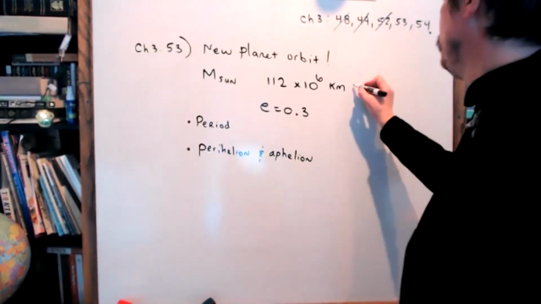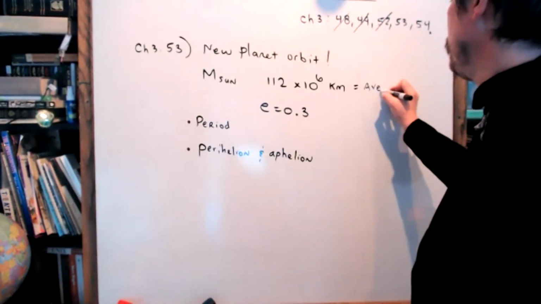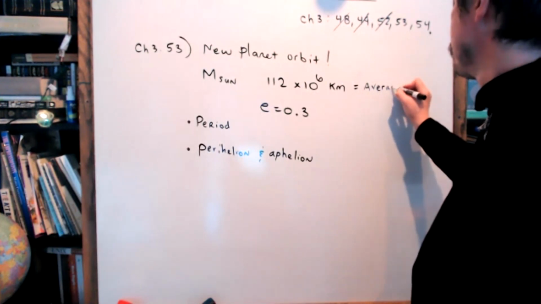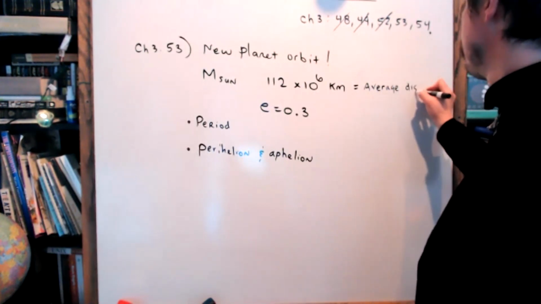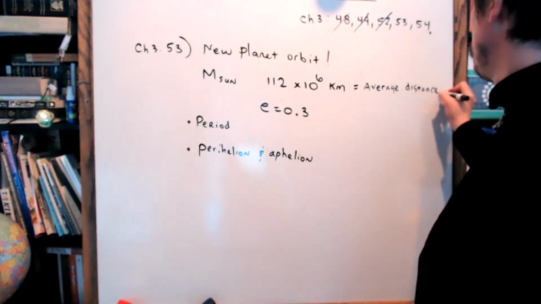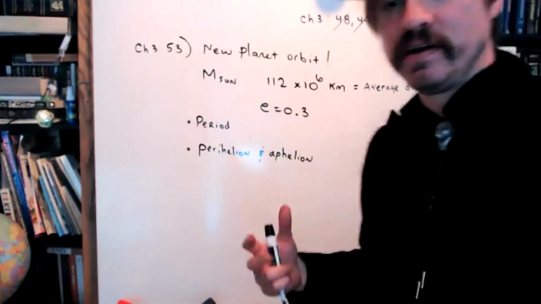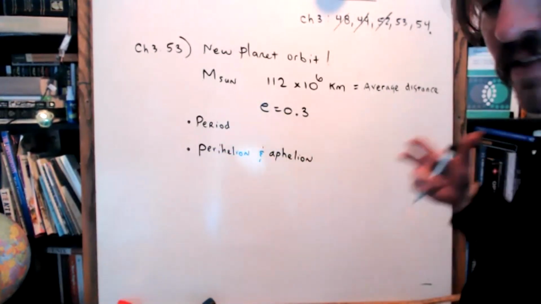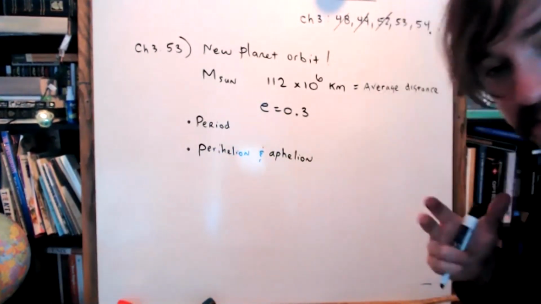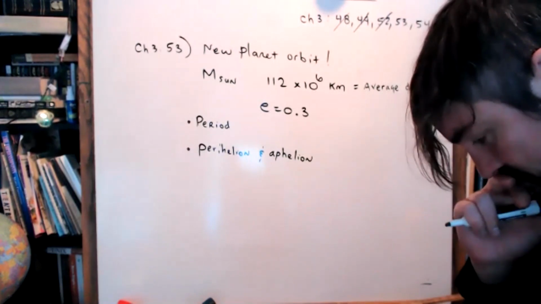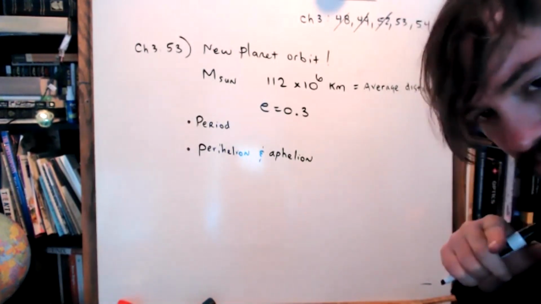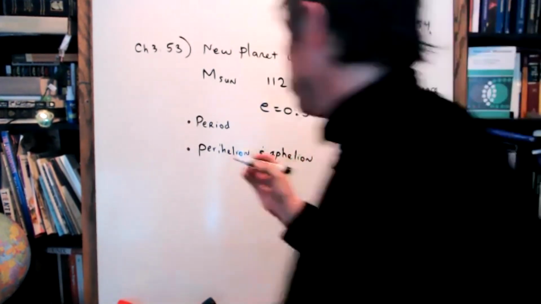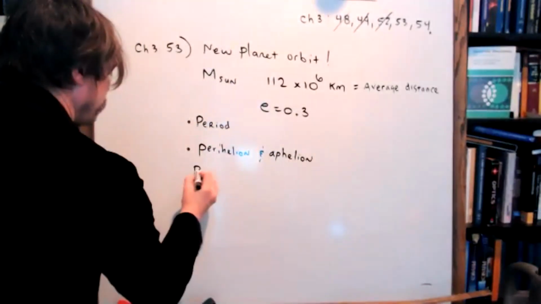This is the average distance between the planet and the star, right? If only I had a formula that would give me the period based on the average distance. That would be awesome. For the peri, it would be A times 1 minus E in parentheses.